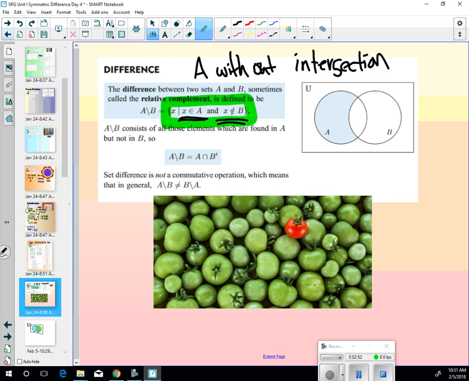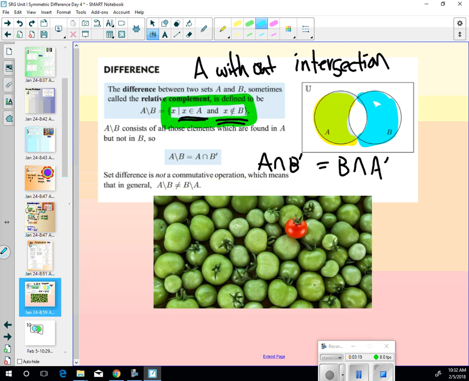Okay. Are these equal? Is A intersect not B the same as B intersect not A? Okay. In my drawing here, which one is A intersect not B? Yellow or blue?